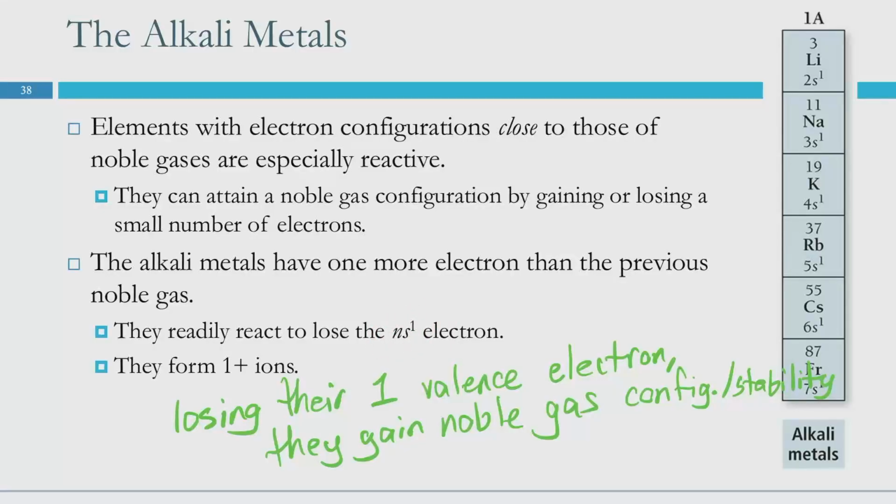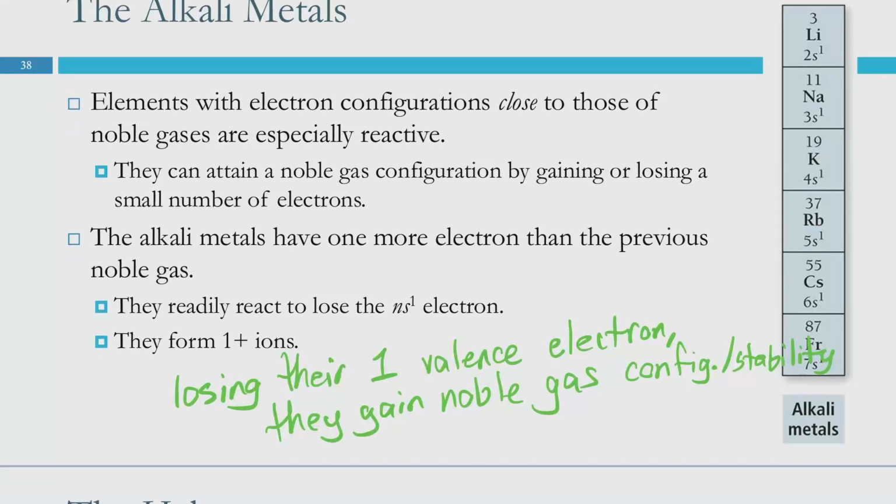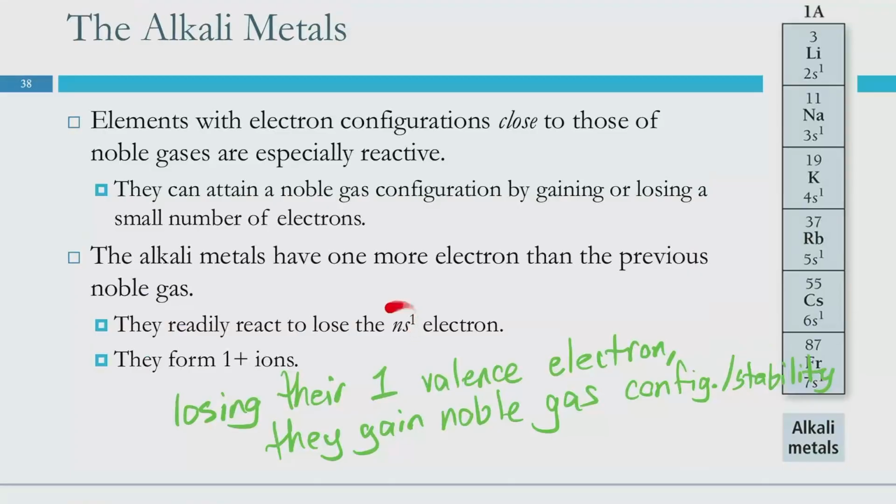Electrons can pop off and pop back on, and when you're just losing one, that's relatively easy. And when they lose one electron, they form a 1+ ion. So that's the reason all of our alkali metals, our first column or group, form 1+ ions, because they lose that one electron.